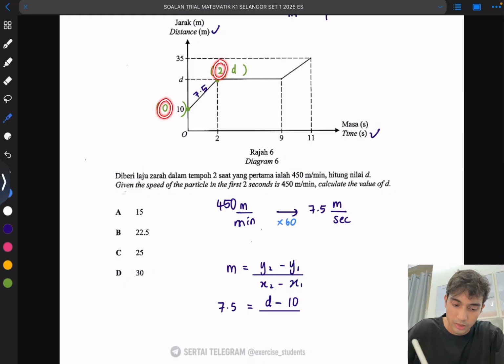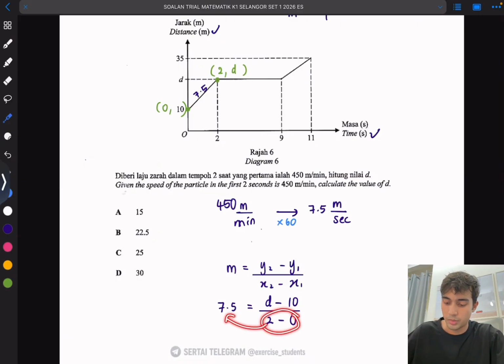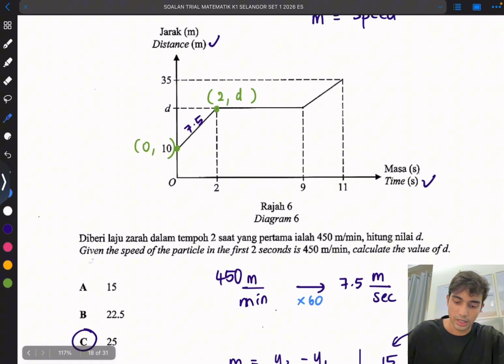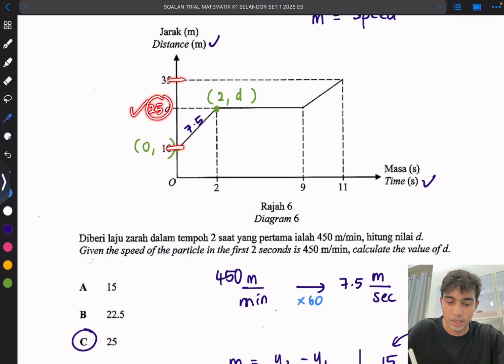Then we solve now. So 2 minus 0 is just 2. 2 times 7.5, you get 15. Then this negative 10 we bring over here will become positive 10. So D will be 25. Which kind of makes sense. Let's check if it makes sense. Here is 10, here is 35, here 25 is possible.